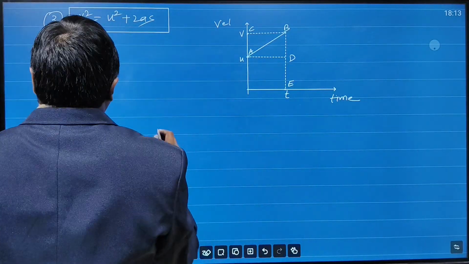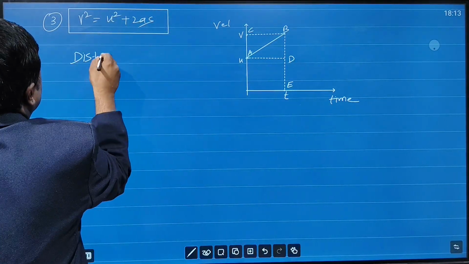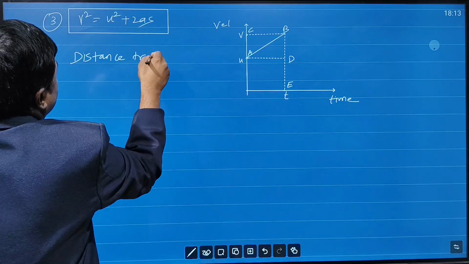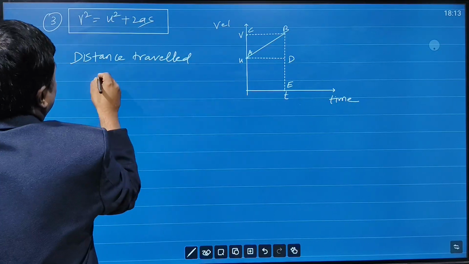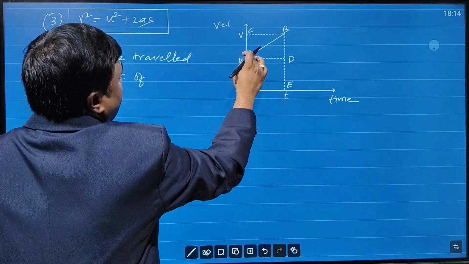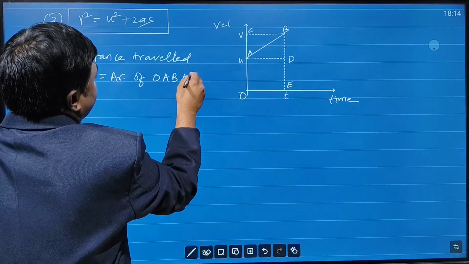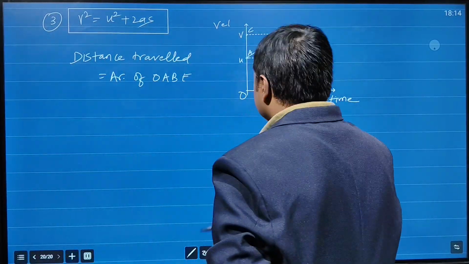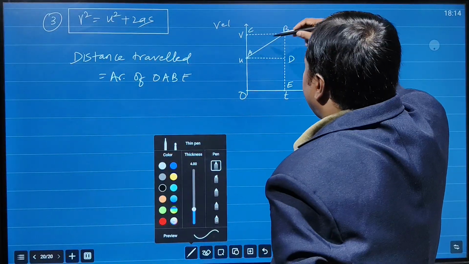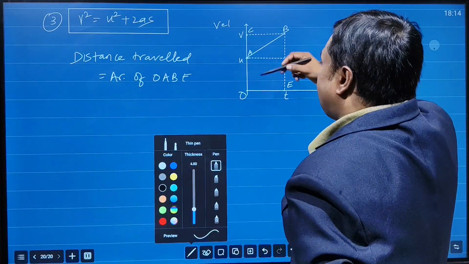So can we write distance traveled is equal to the area of OABE. Now if you see clearly, OABE is a trapezium.